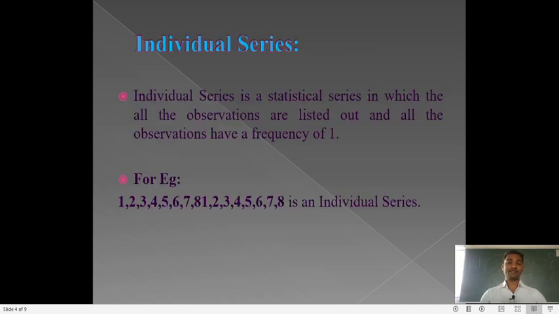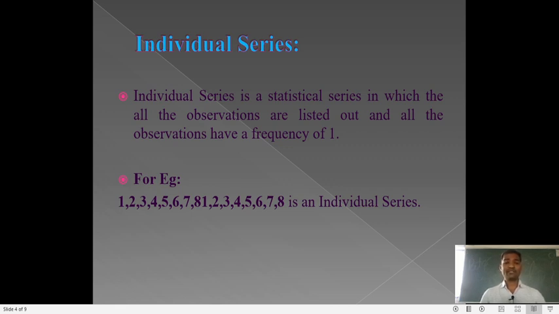Number first, individual series. An individual series is a statistical series in which all the observations are listed out and all the observations have a frequency of 1. Individual series is also called personal series or simple series.